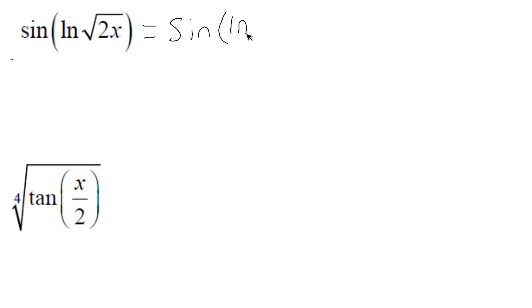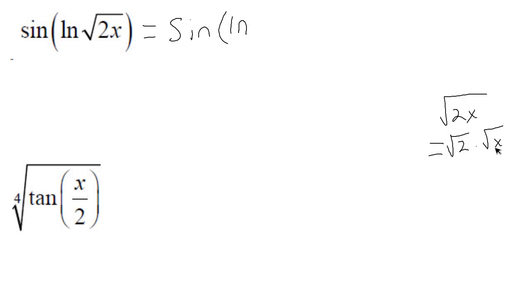If you want this to be a 4-layer derivative, you can put 2x to the 1/2 altogether. However, do we also agree that the square root of 2x is also equal to the square root of 2 times the square root of x? So we can treat the square root of 2 just as a constant.